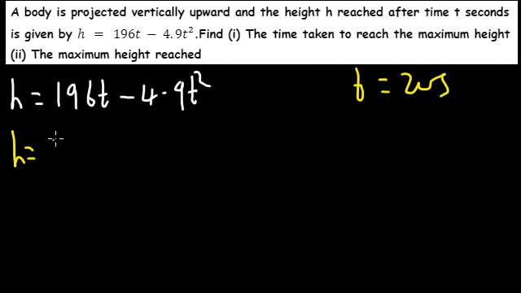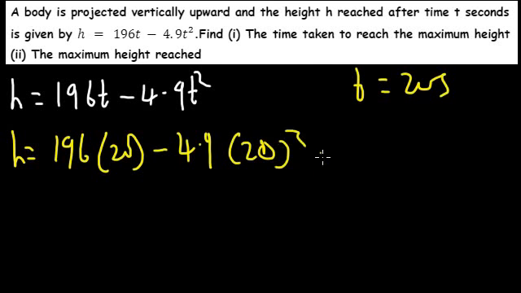So height will be 196 times 20, then minus 4.9 times 20 squared. So 196 times 20, I need to use my calculator for that. 196 times 20, I got 3,920. Then 20 times 20 is 400.